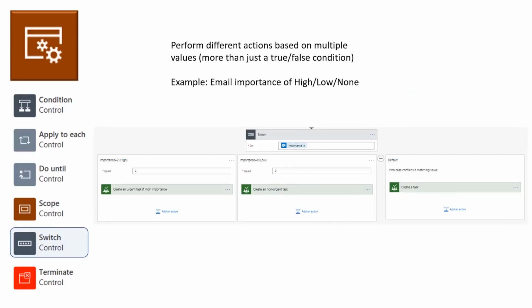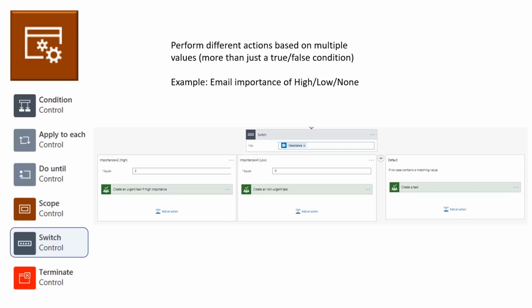Another control is the switch control. That is different from the condition in that it lets you perform different actions based on multiple values rather than just true or false. So in this example, we have a switch on the importance of an incoming email. So if it's high importance or low importance, or then there's always a default case, which is none of the above.